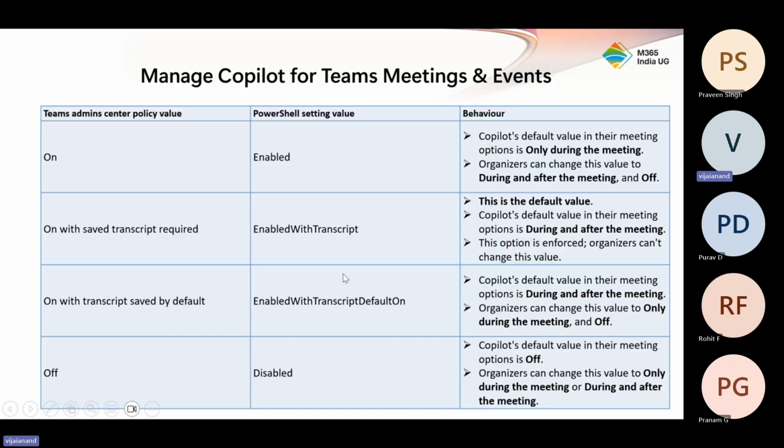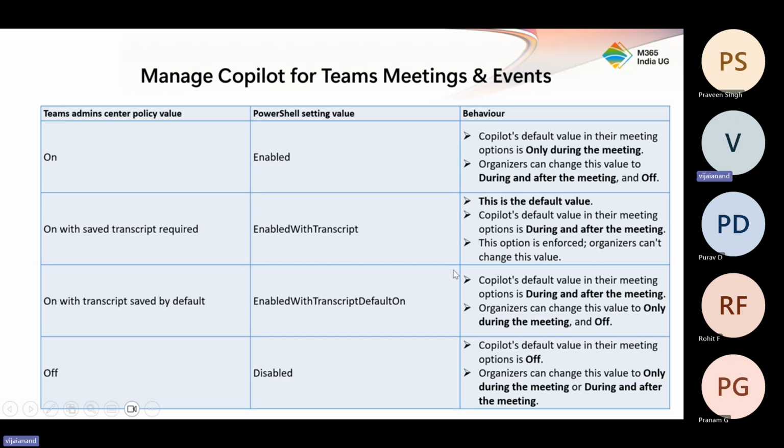Okay, and I'll go back here, and if I have selected on with saved transcript required, what will happen when the event organizer is scheduling the meeting, right? So the default value in the meeting options is during and after the meeting, and this is enforced. Organizers cannot change this value.